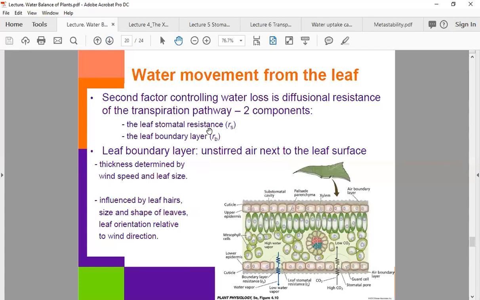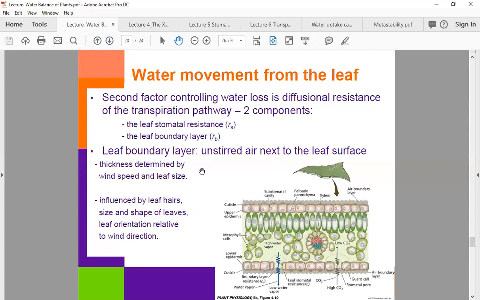When it's open, there's very low resistance to loss of water vapour. When it's closed, very high resistance to loss of water vapour. Who remembers the leaf boundary layer? This is another important resistance point to diffusion or loss of water vapour, resistance to transpiration.